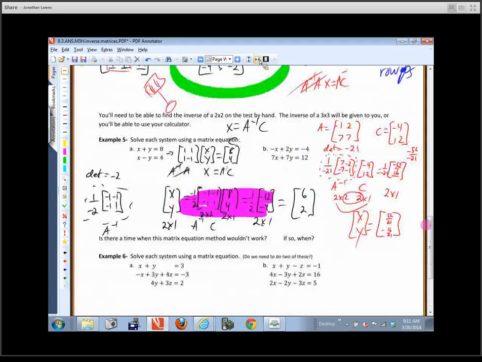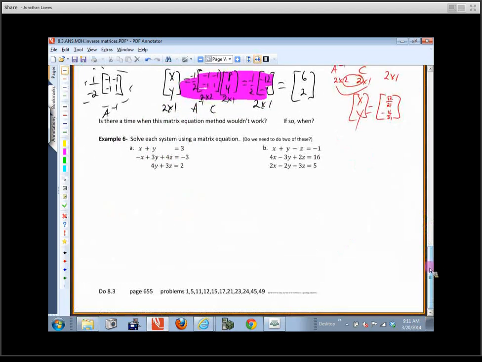Okay, so of the two of these, which one do you want to do? You want to do B? Why B? Okay, yeah, I mean, if we pick A, let's write down the coefficient matrix. The coefficient matrix would be 1, 1, 0, negative 1, 3, 4, 0, 4, 3.